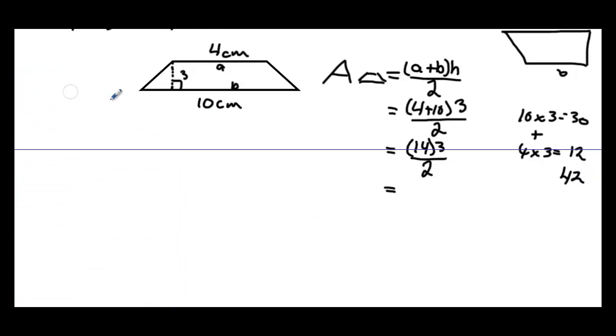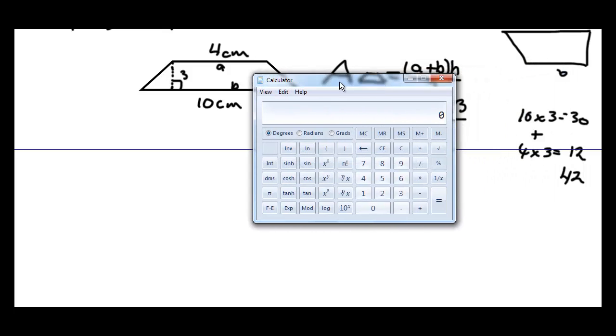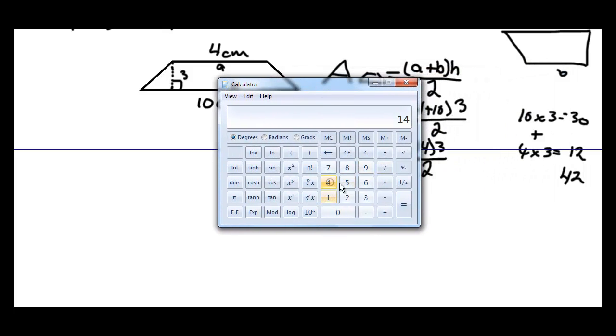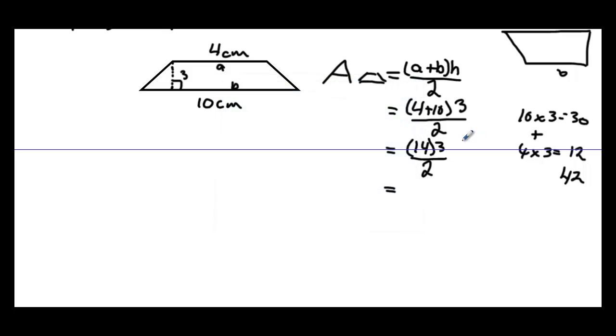So let's just double check. I pull up my calculator. I do 14 times 3 equals 42. So there you go. So 42 divided by 2. I can think about it the same way. If I take 40 divided by 2, I end up with 20. And then I take 2 and divide by 2 equals 1.